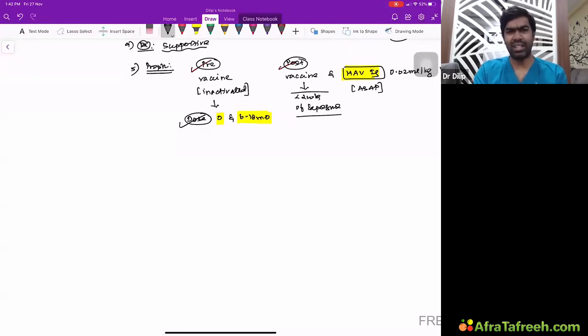These are very standard things, because many times when I sit in the OPD as a physician, I get a lot of cases who want to get vaccinated against hepatitis A virus, because I get a lot of foreigners who come to my hospital.